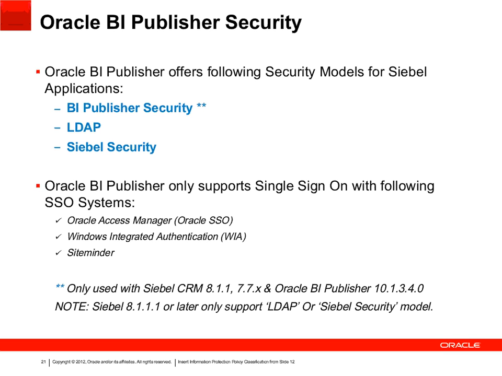In turn, the Siebel Security or the LDAP security models are widely used. BI Publisher does support single sign-on as well. Among many single sign-on systems, BI Publisher supports Oracle Access Manager, Windows Integrated Authentication, and SiteMinder Web single sign-on systems. Let's discuss these topics in much more detail in upcoming slides.